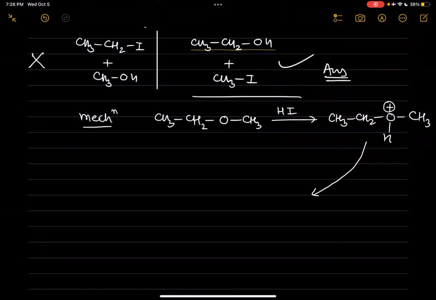Now the next thing is, in which way should I break the carbon oxygen bond? So my question is, is the mechanism SN1 or SN2?